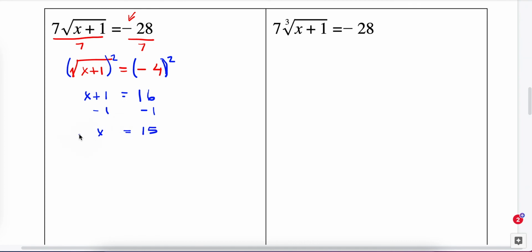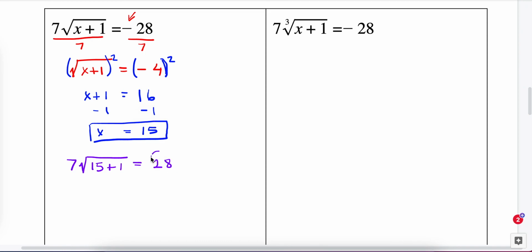Is this actually going to work in this situation? Let's plug it in and find out. If you put 7 times the square root of 15 plus 1 into a calculator, you're actually going to get 28. We've seen this before. You're not going to get negative 28. So 15 doesn't actually work for this.